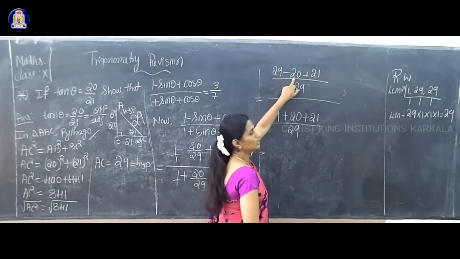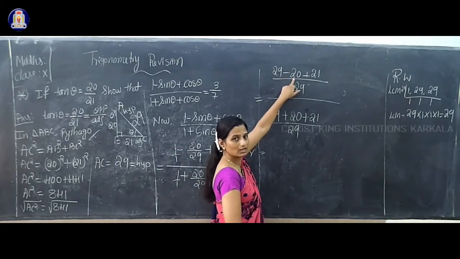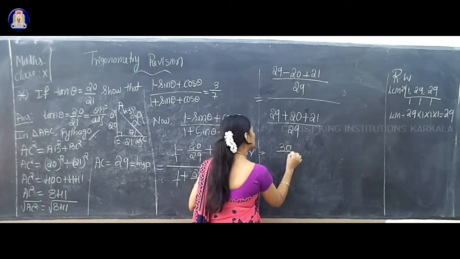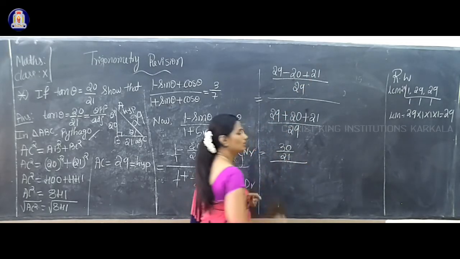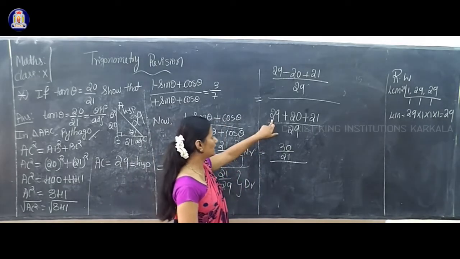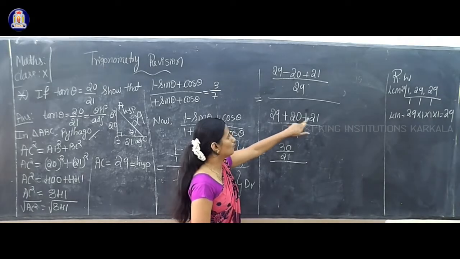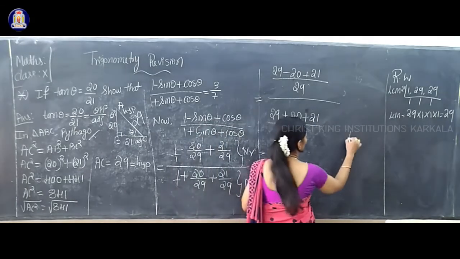29 minus 20. 29 minus 20 is what? 9. 9 plus 21 is 30, divided by 29, whole divided by 29 plus 20, how much here? 49. 49 plus 21.